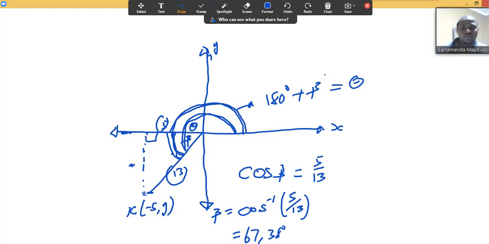Now we know our beta, so we can easily say that 180 degrees plus 67.38 degrees should give us theta. So let's put it in the calculator. Plus 180.